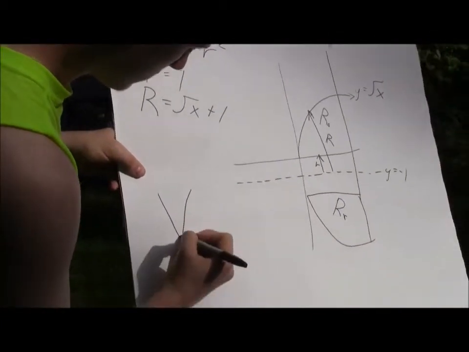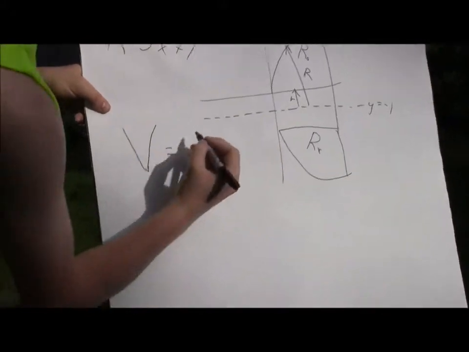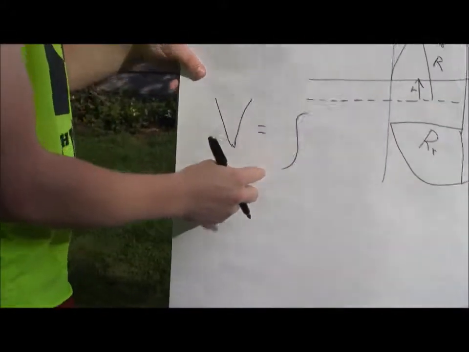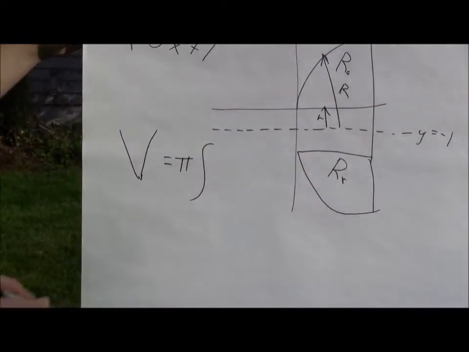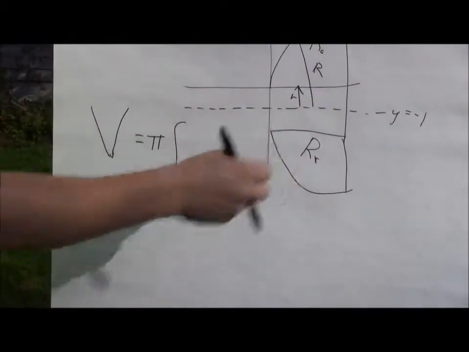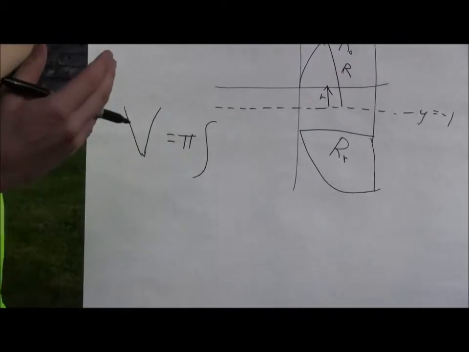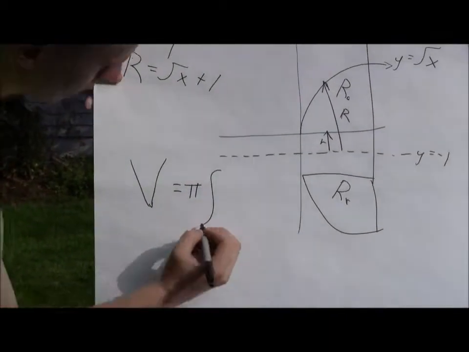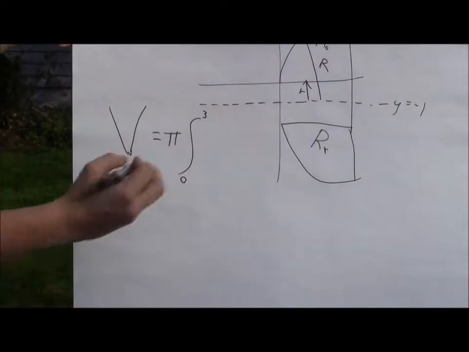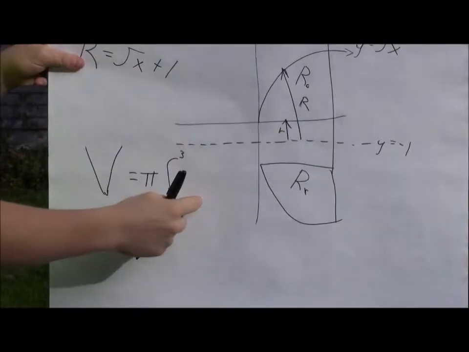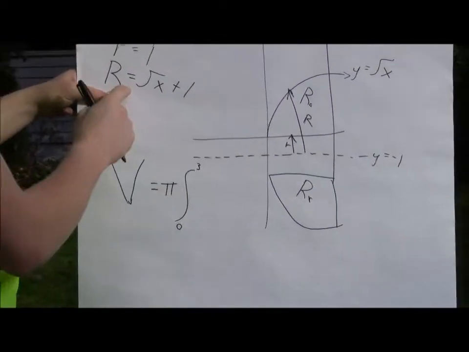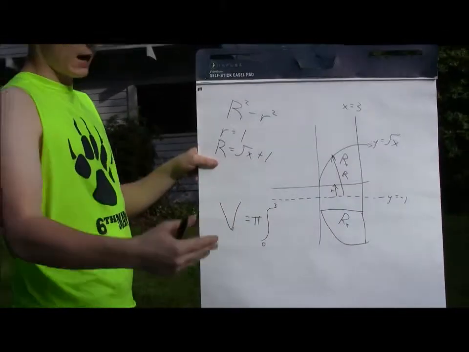Volume is going to equal, again, always write the integral sign first. Put pi on the outside. Now, the limits are the exact same as the last one, because it's the same region. So from 0 to 3, except this time we need to throw this entire thing into our integral. R is root x plus 1, but we want that entire thing squared.